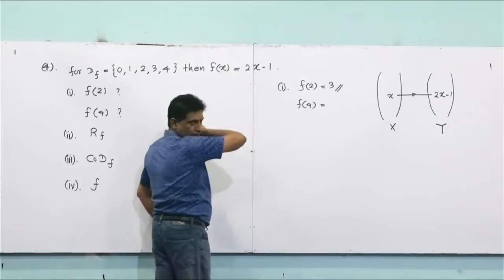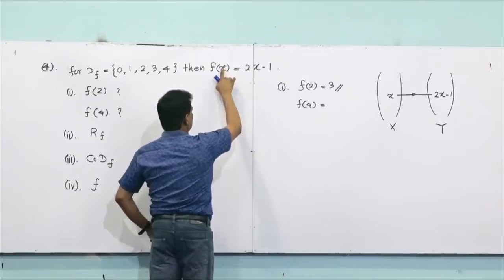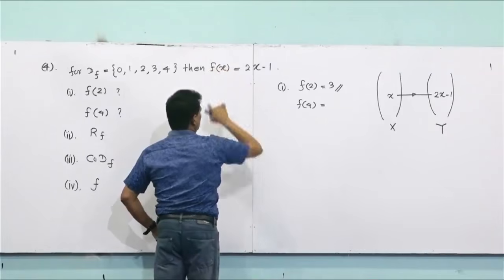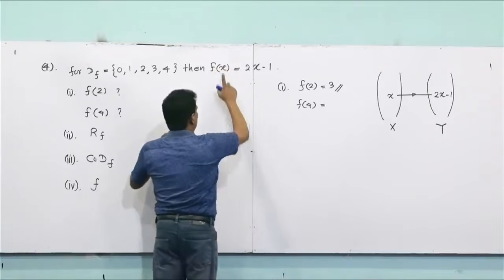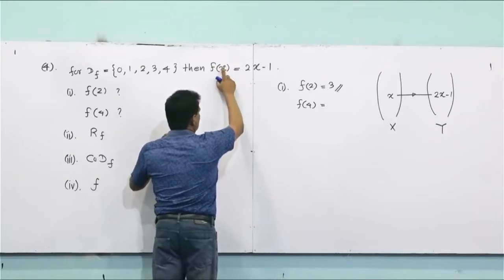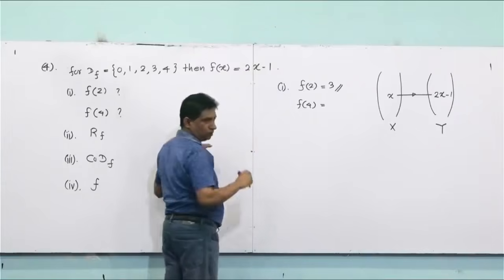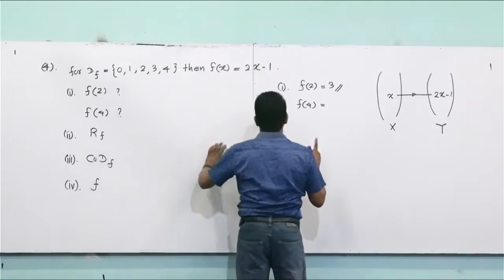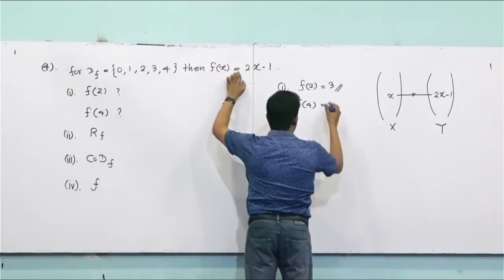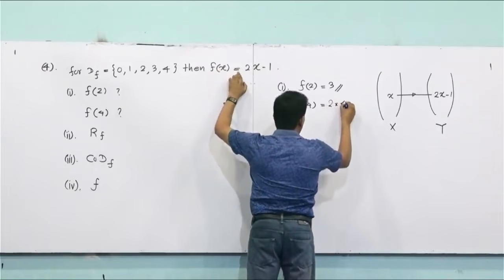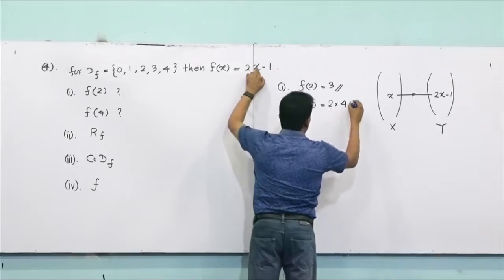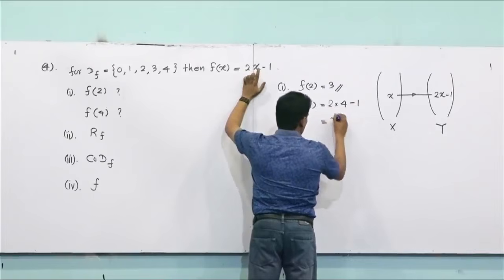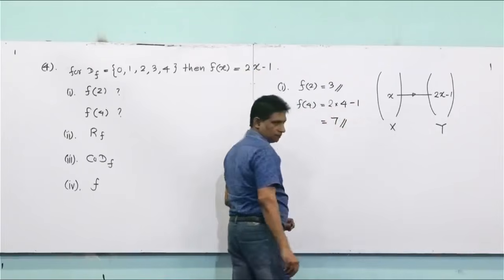If we substitute 4 for this x, then the left hand side becomes f(4). Then if we substitute 4 here, we have to substitute 4 here also. Okay. Then you can write down f(4) is equal to 2 into 4 minus 1. Then what is the answer? 8 minus 1 means 7. Okay.